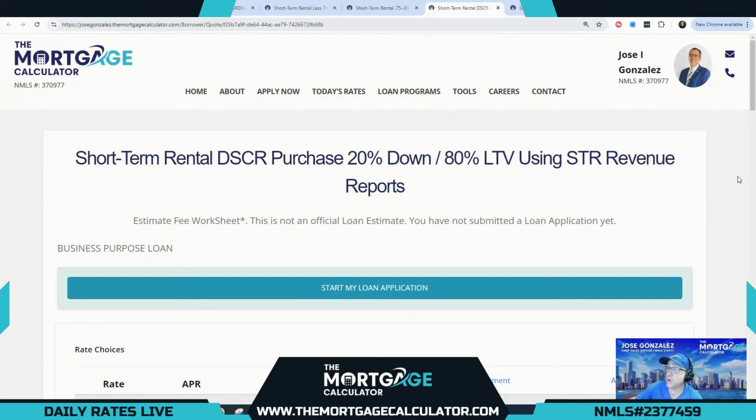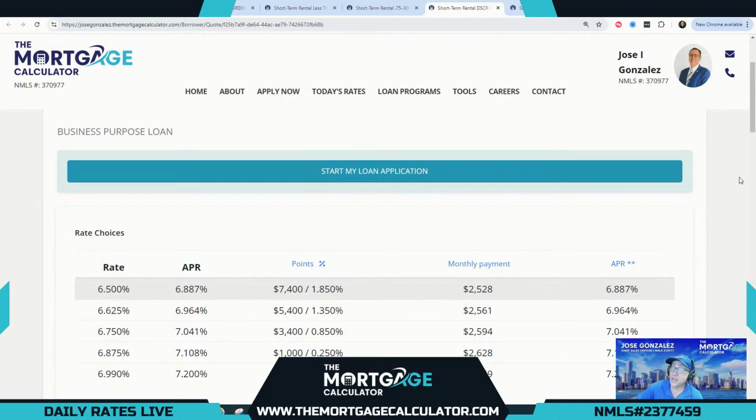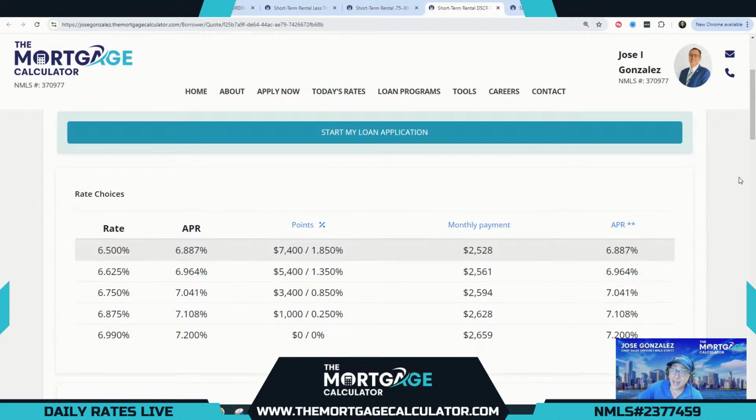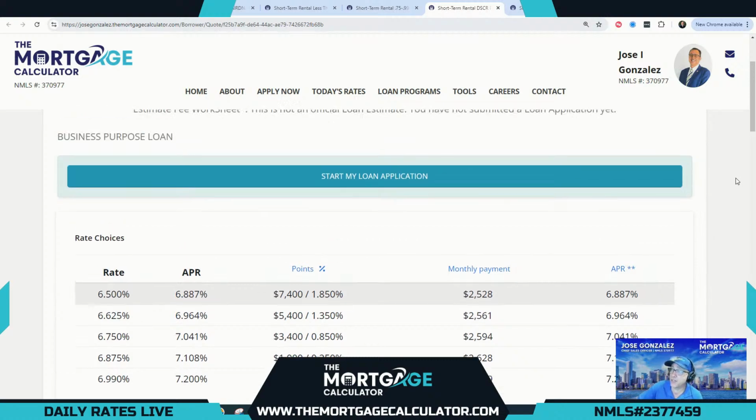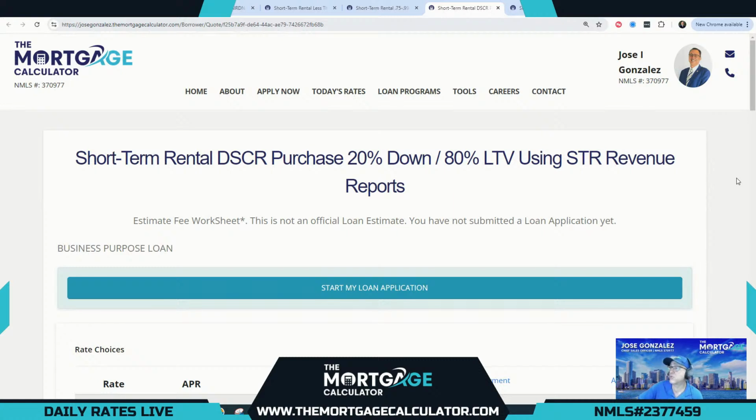Those are just some of the more popular ones. 6.99 is our lowest cost option at par, and you can buy that down all the way to 6.5% at a cost of 1.85 points for the DSCR purchase option using short-term rental revenue reports.